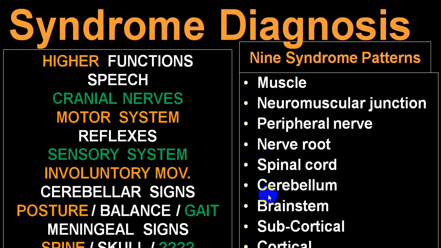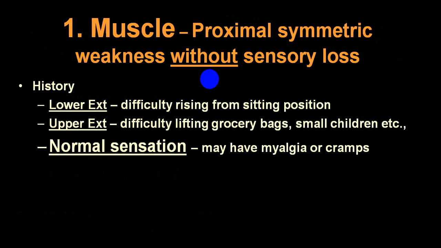These are the 9 patterns which you can identify very easily after doing a good history and good CNS examination. We should be able to pinpoint, and by putting them into any one of these syndrome groups, we should also be able to pinpoint close to the etiology. And that is what we call localization of lesion.